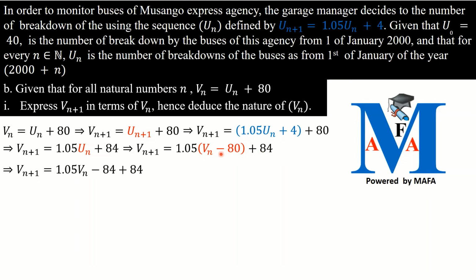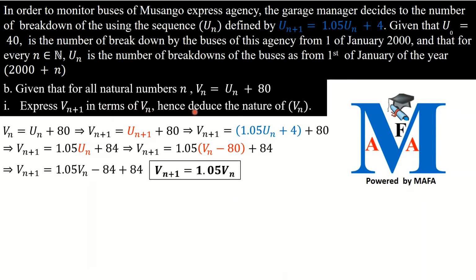If you multiply 1.05 times v of n, we get 1.05 v of n. If we take 1.05 times 80, we get 84, but now there is a negative sign, so negative 84, then plus this 84. Now negative 84 plus 84 is 0, so we see that v of n plus 1 is equal to 1.05 times v of n. So we have succeeded in expressing v of n plus 1 in terms of v of n.